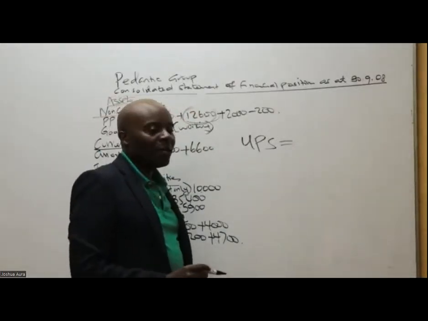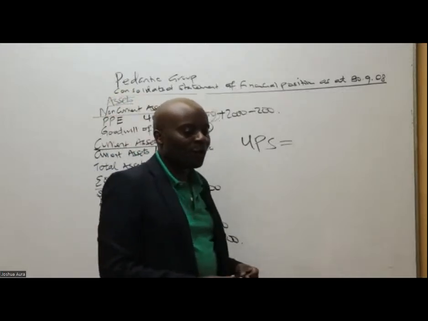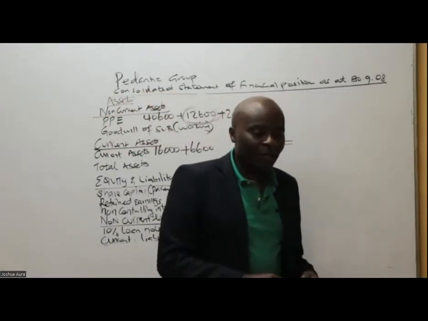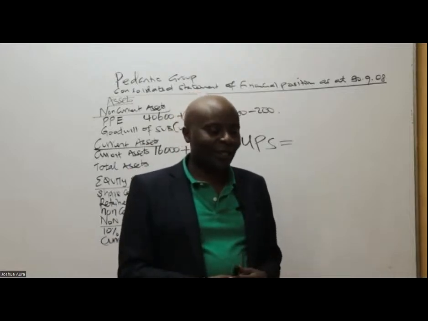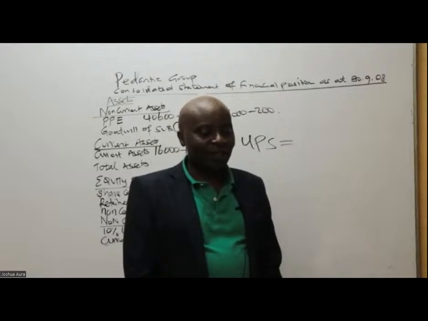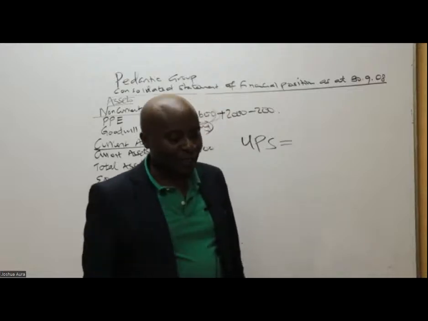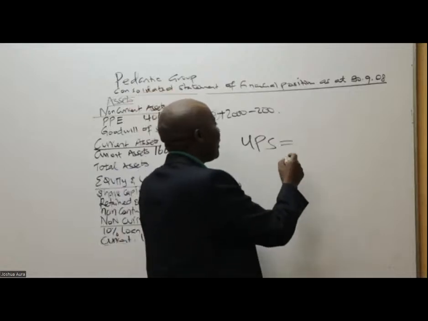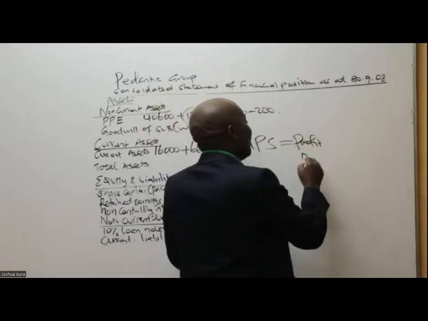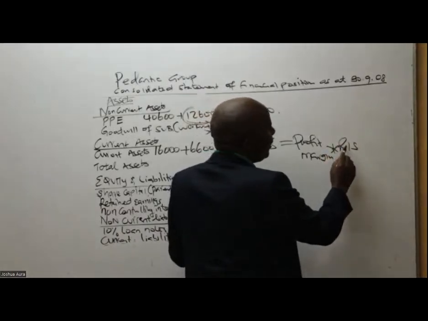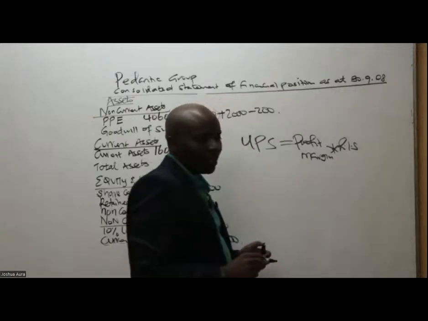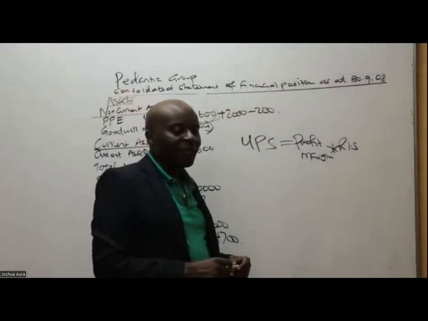Is there anybody who can remind us of the formula for getting unrealized profit on stock? I'm calling you people examiners. For sure, that is a process all of us will pass. So UPS equals what? Thank you very much, Nimrod. Nimrod has said this is profit margin times REES, where REES is the remaining intra-sales.